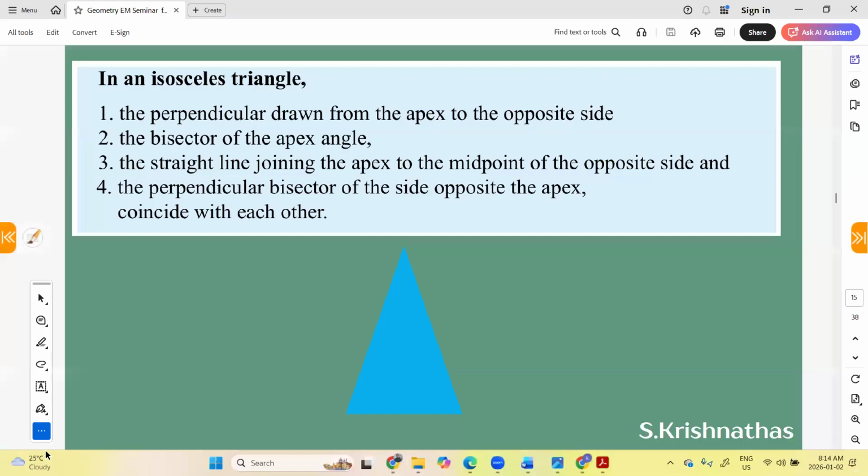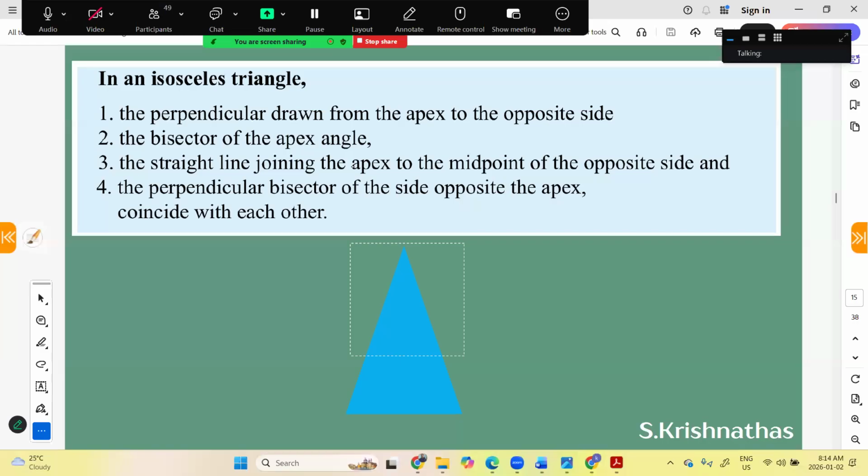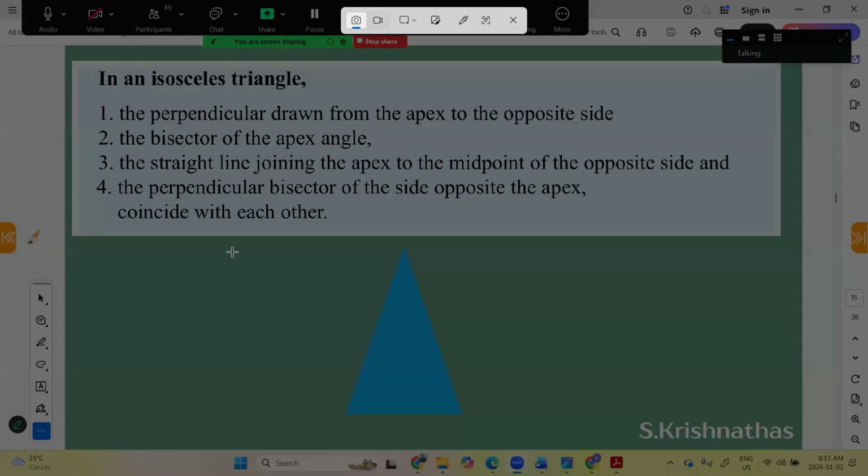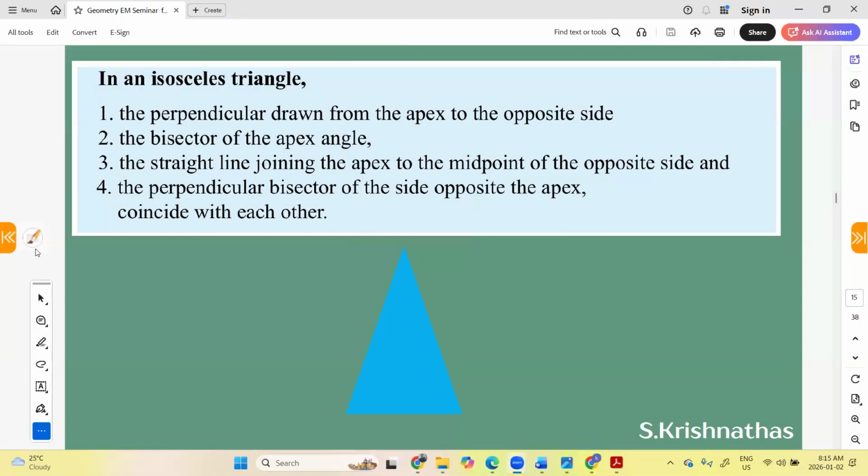Check the first statement. What is the first statement?